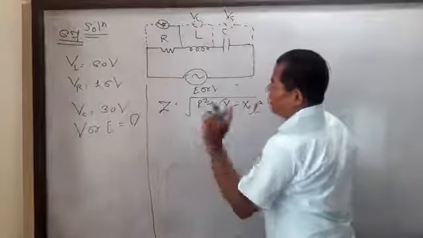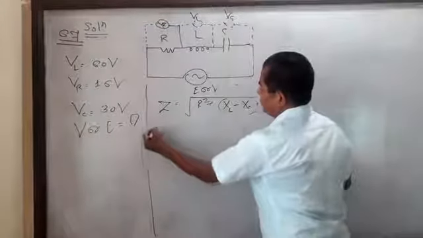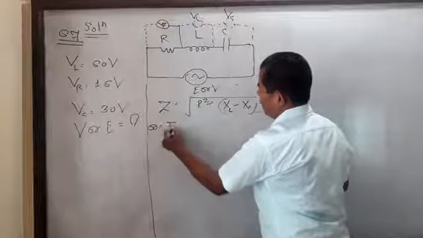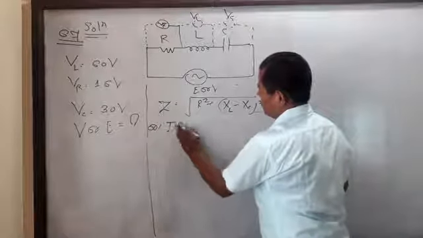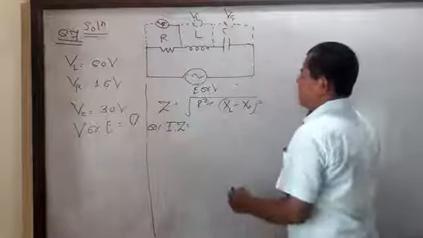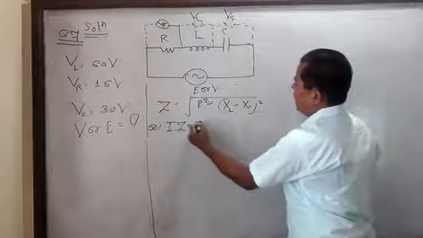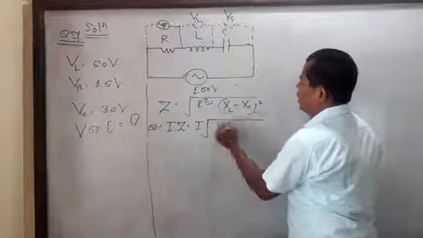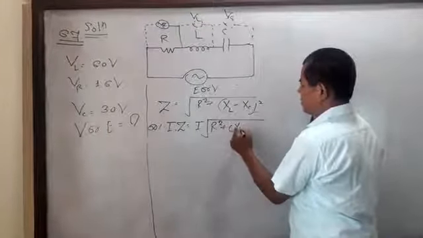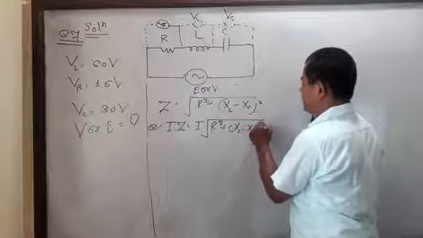Now multiplying I on both sides, on the left hand side we get I into Z, and on the right hand side I into root under R square plus (XL minus XC) whole square.